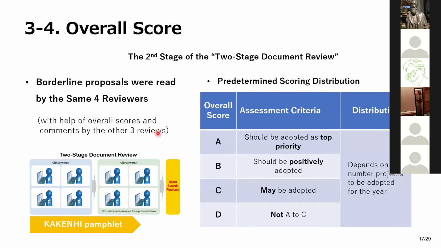The reviewers are supposed to refer to overall scores and comments given by the other 3 reviewers, decide the level of priority, and assign the overall score to each project. I think this knowledge of assessment is helpful because you can know what steps your application will take and also what points of the project you have to explain clearly in your proposal.